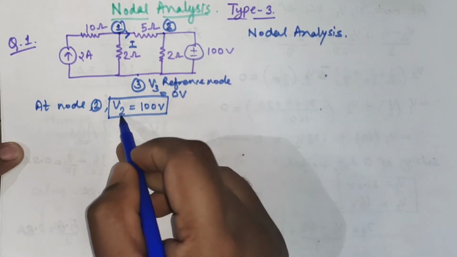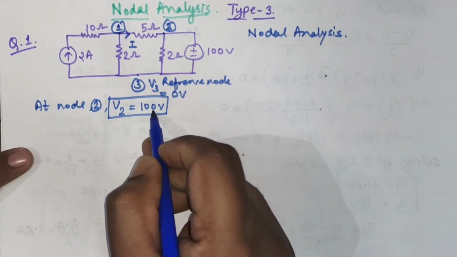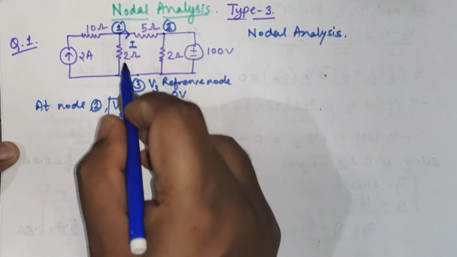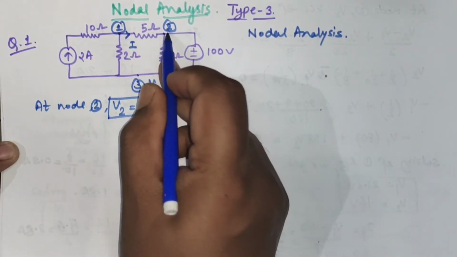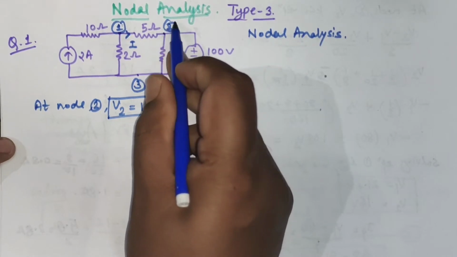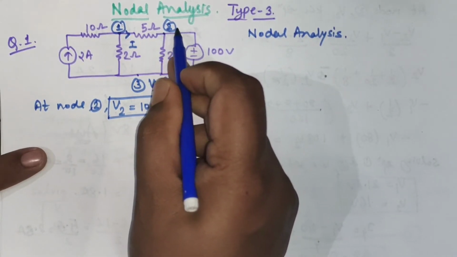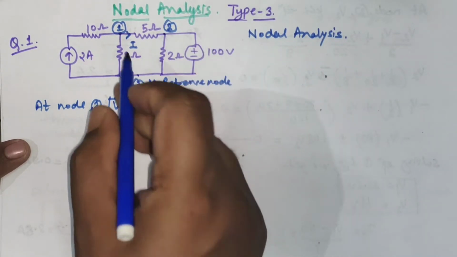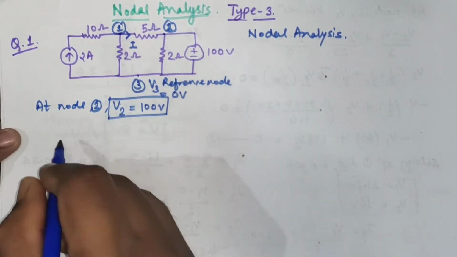But here V2 equals 100 volt. That means we need not apply KCL at node 2. So we require only one KCL equation, at node 1.